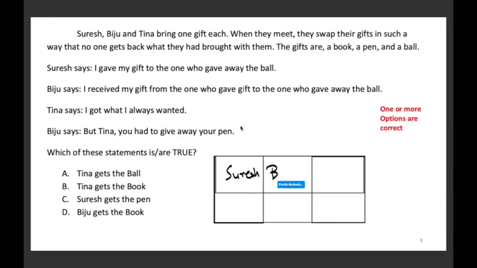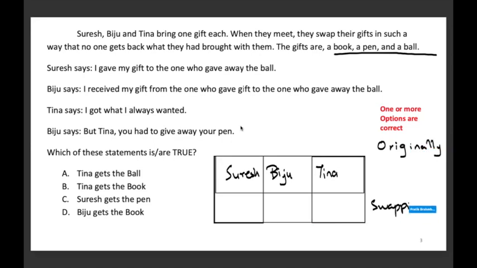One is Biju. And one is Tina. And then we have 3 items: book, pen, and ball. What we know is Tina originally, this is originally, and this is after swapping. So we know Tina originally had the pen. That is given, because she had to give away her pen to somebody else when they swapped.